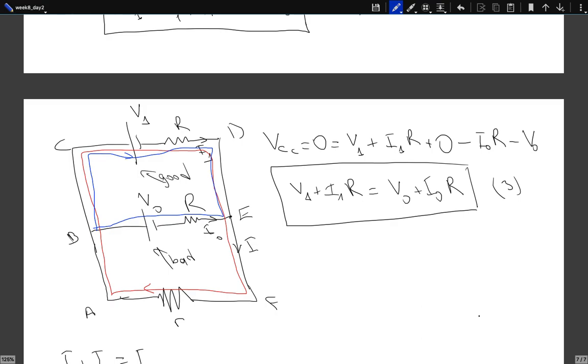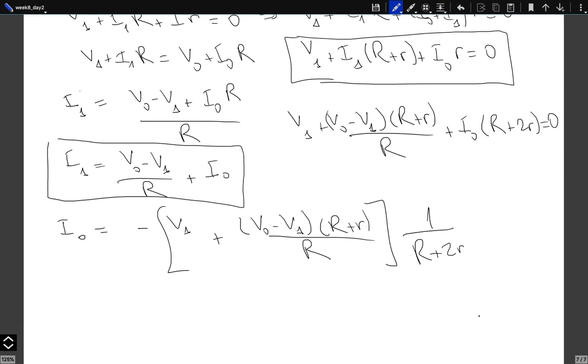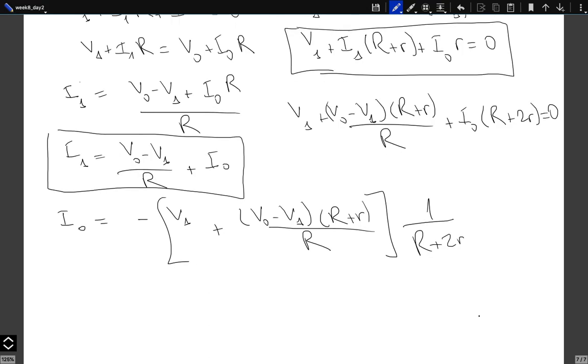Well, both batteries are equally strong, so there shouldn't be any current running through the system. If V0 and V1 are equal, this term is 0. We have I0 is V1 over this ratio. If small r is infinitely large, there is no current running through the system. At least that makes sense.